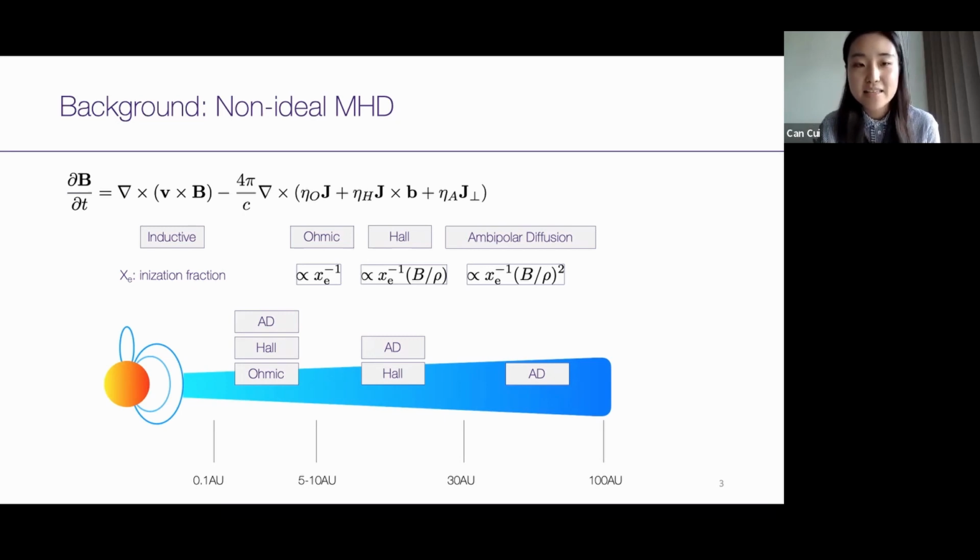At the same ionization fraction level, ambipolar diffusion dominates at very low densities and high magnetic field strengths, and Ohmic resistivity dominates at high densities and weak B field strengths, and the Hall effect is in between. So in a disk, the Ohmic resistivity dominates in the midplane and also in the inner region of the disk. Ambipolar diffusion dominates at the outer regions and the surface of the disk, and the Hall effect dominates in between.